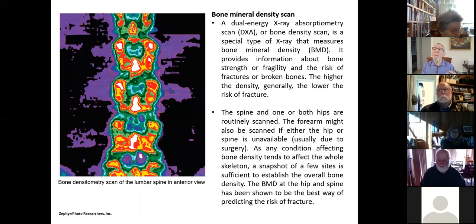So there are various options when it comes to bone densitometry, and anyone who's had one, anybody besides me had a bone mineral density scan? No? Okay. Well, there you go. Anyone who's at risk of osteoporosis will probably require a bone density scan somewhere along the line.